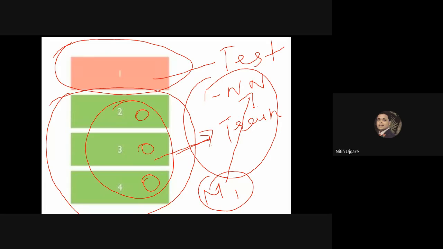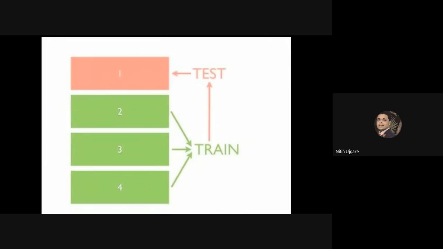Then I tested M1 using fold 1, which is my test fold, and the others are my train folds. When I tested the model trained on these 3 folds, I got an error rate of 23%. So the first fold has a 23% error rate.